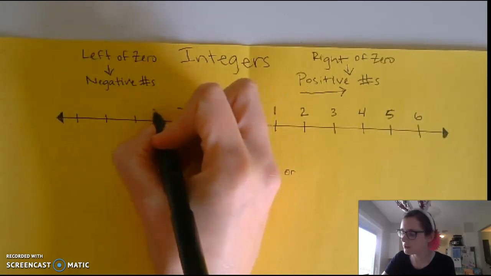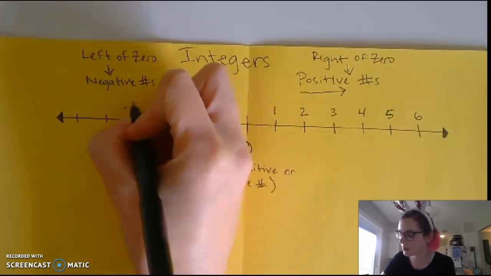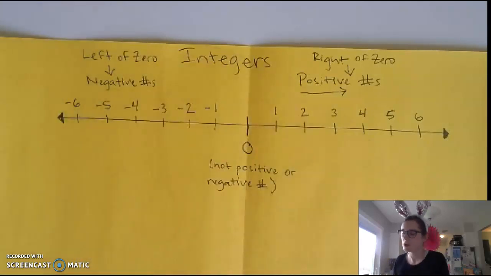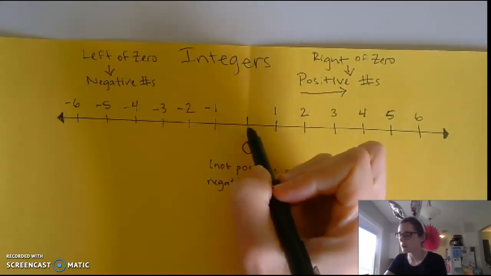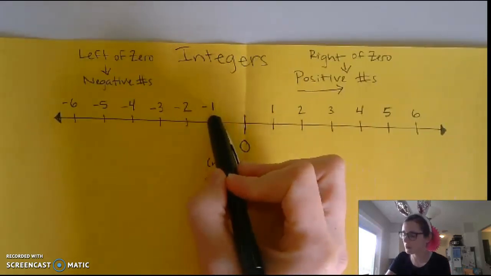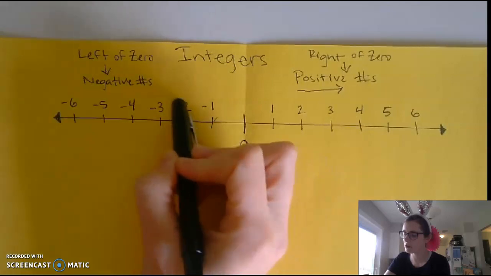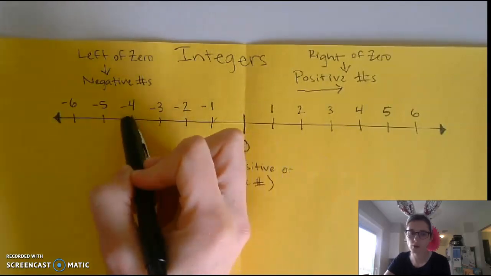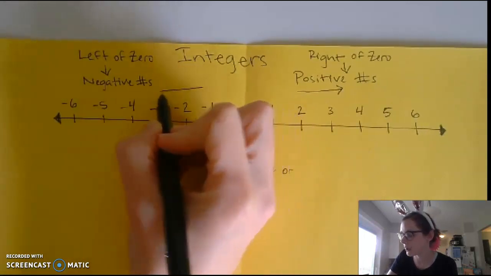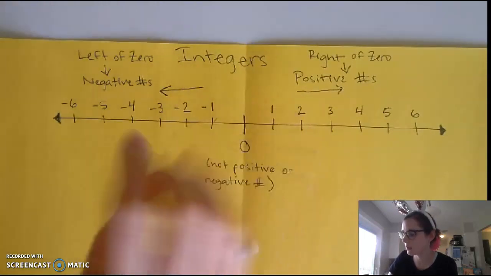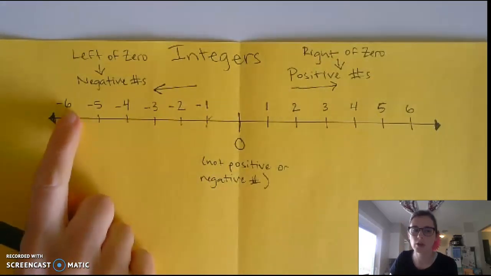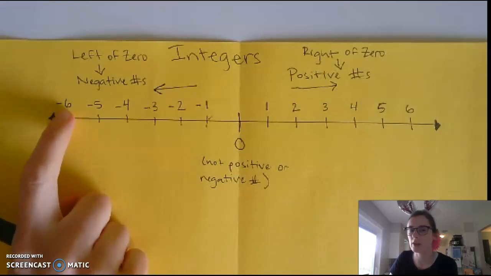I'm just going to continue my number line: -3, -4, -5, and -6. Again, I want to make sure that I am that many away from 0. So 0, -1, -2, -3, -4. Okay, that makes sense. So all of my numbers are moving that way. The further away they get from 0, the larger the number next to the negative sign is.